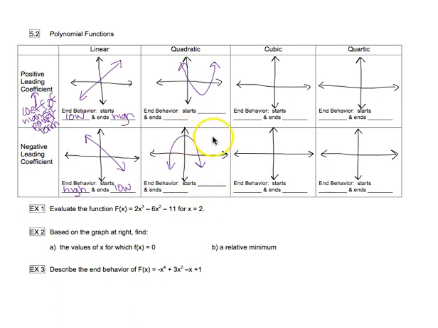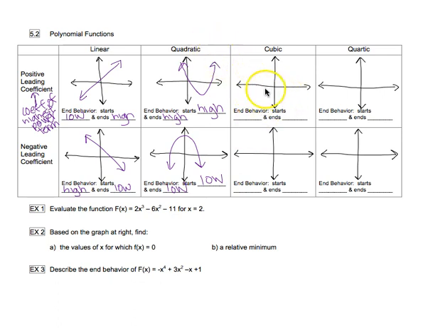We could shift these around anywhere, shrink them, or stretch them, but we're just focusing on which direction it goes. When it's a positive leading coefficient, it opens up, which means it starts high and ends high, whereas a negative leading coefficient starts and ends low.